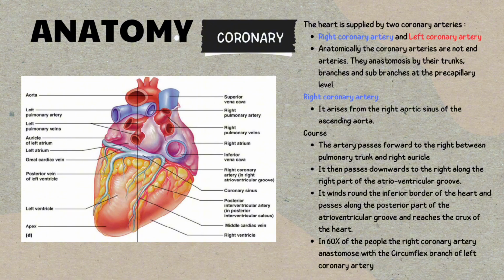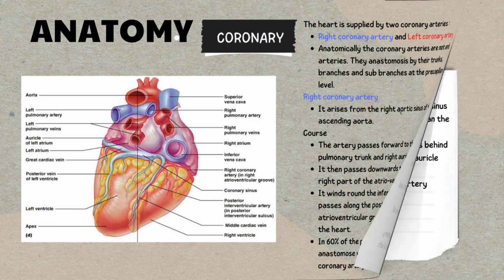It winds around the inferior border of the heart and passes along the posterior part of the atrioventricular groove and reaches the crux of the heart. In 16% of people, the right coronary artery anastomoses with the circumflex branch of the left coronary artery.